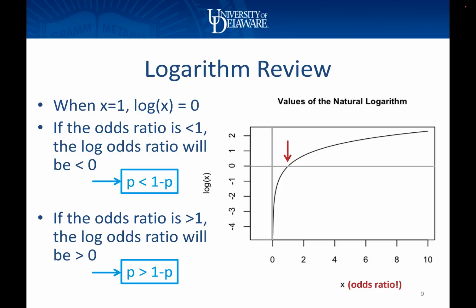P is greater than 1 minus p. So that's how the odds ratio and the output, the log odds ratio, are related. When we put one thing in, we get one thing out. So if the odds ratio is bigger than 1, we're going to have a positive log odds ratio. And if the odds ratio is less than 1, we're going to have a negative log odds ratio.